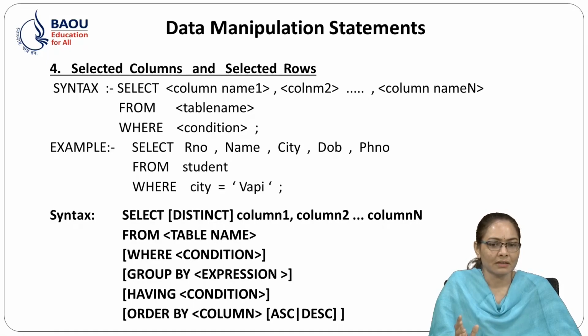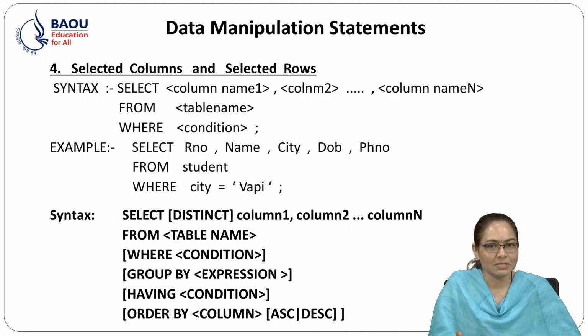Then the distinct command is used. Select distinct star from table name student. So we write select distinct star from student, or we write, like, select distinct roll number, name, city, comma, date of birth, comma, phone number from student.